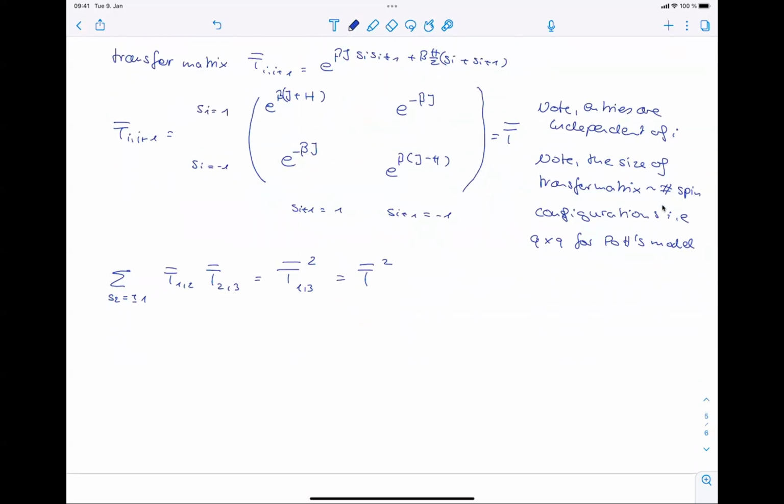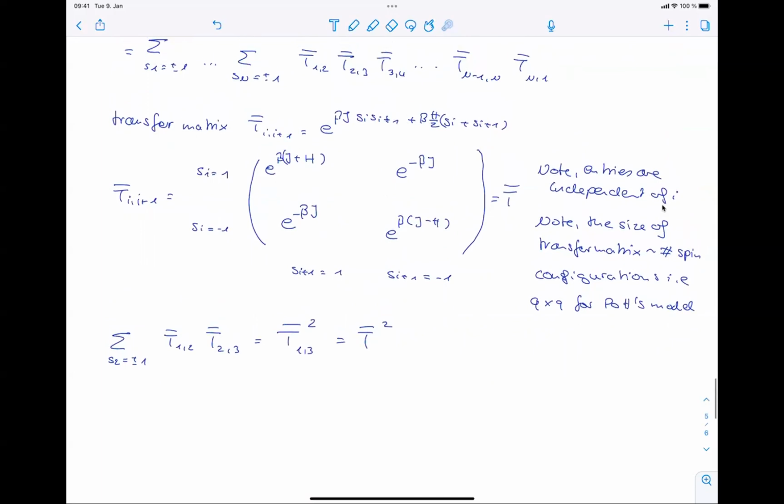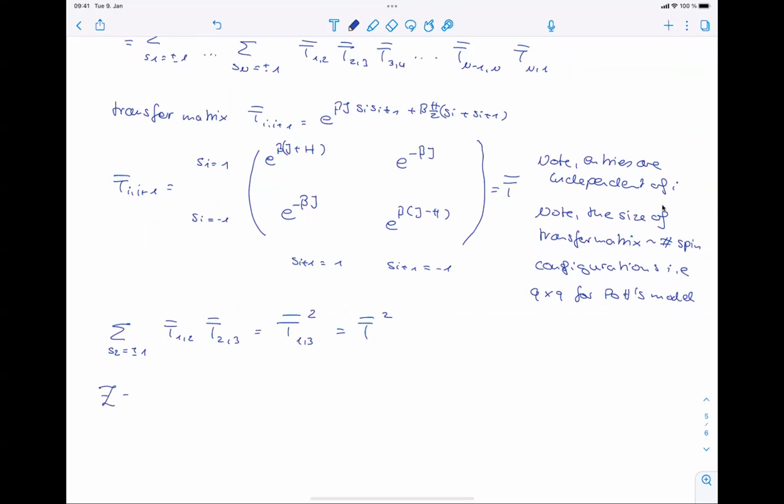And so obviously now if I sum over all these different realizations, I can write the partition function as going from 1 to 3, going from 1 to n. So let me just leave out the S1 multiplication going from 1 to n plus 1, which would be n steps in between on our circle with periodic boundary conditions.